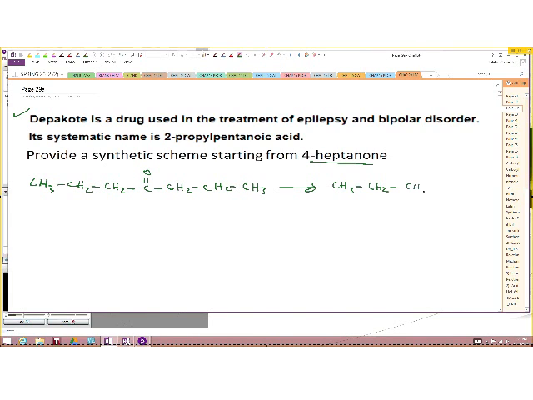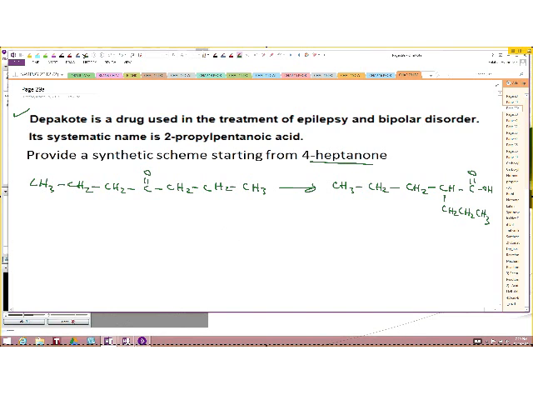Propylpentanoic acid. 1, 2, 3, 4, 5. So 2-propyl.